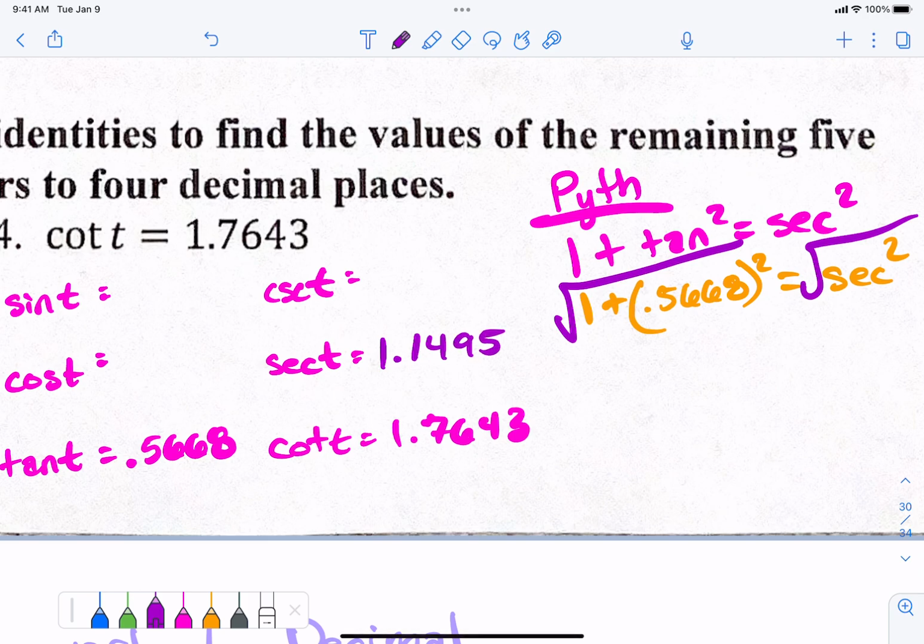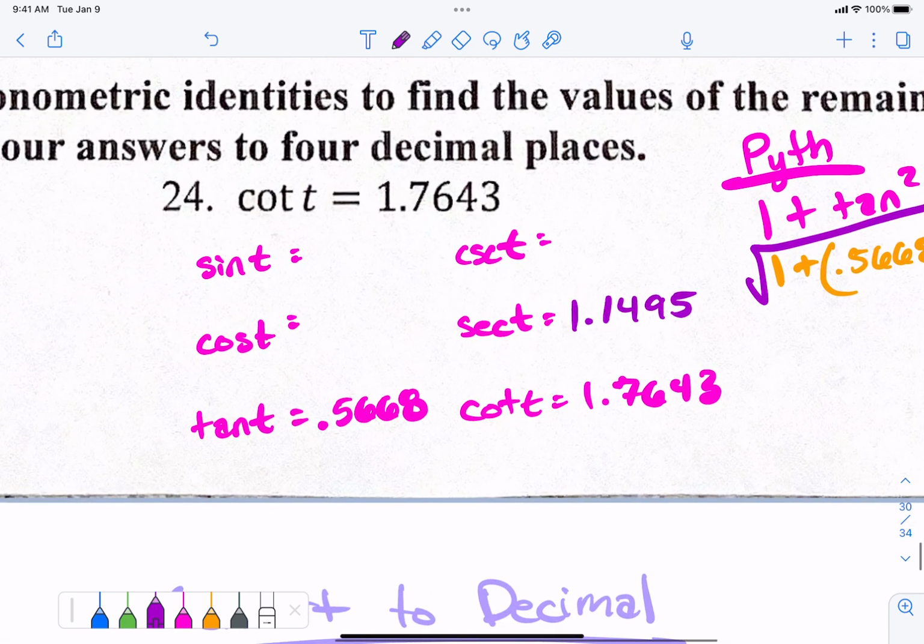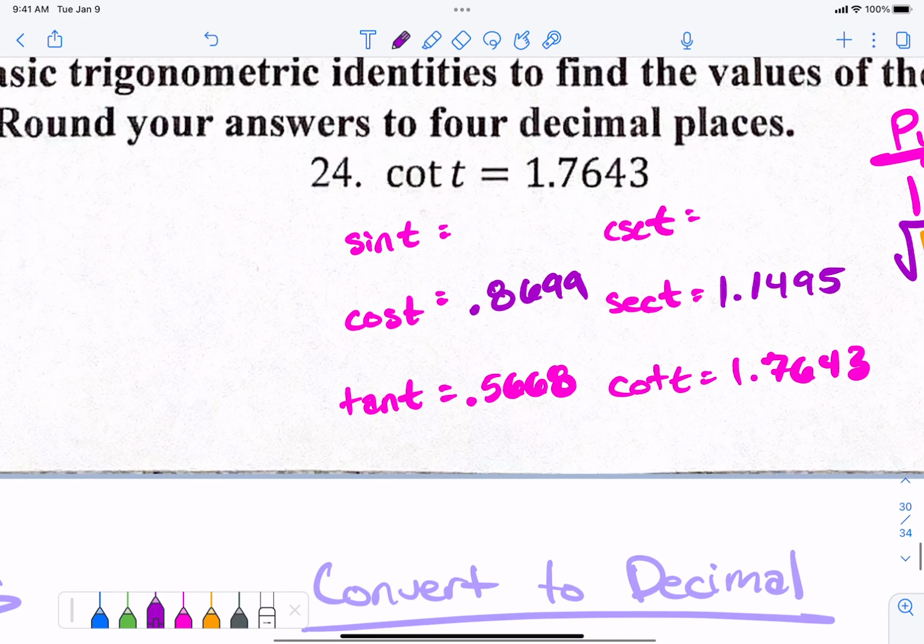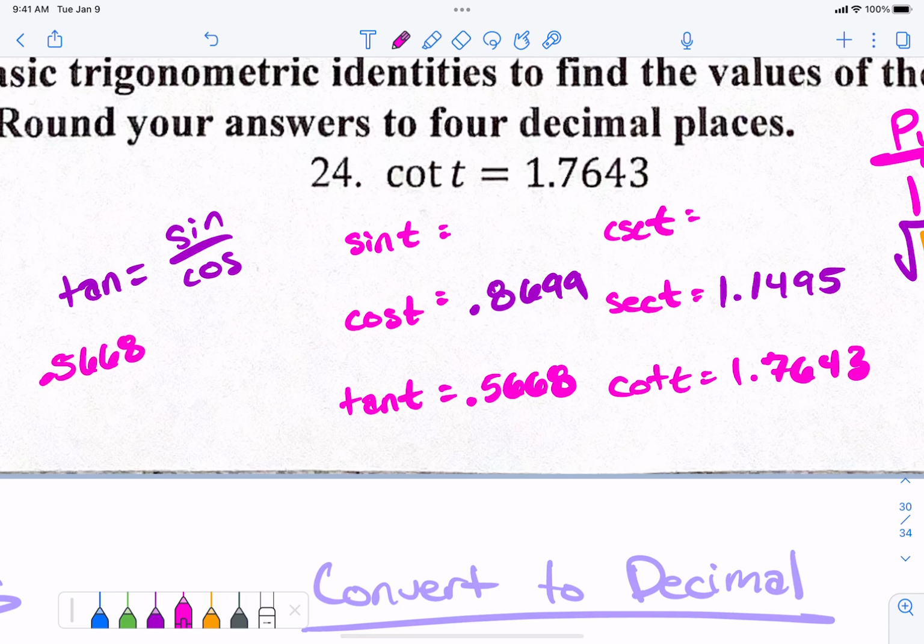95 is what it rounds to. Okay, somebody else get that? Okay, 1 divided by cosine will be 0.8699 because it's 1 divided by secant. Now which one do you want to find next? Sine, and I always do tangent equals sine divided by cosine. So I know tangent is 0.5668 and I know cosine is 0.8699.